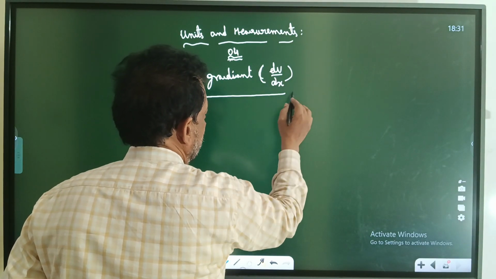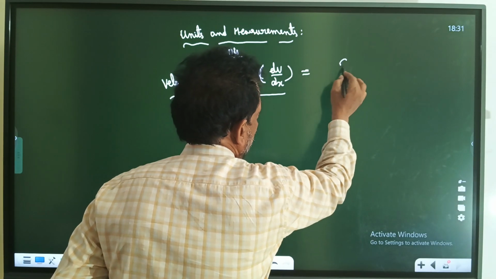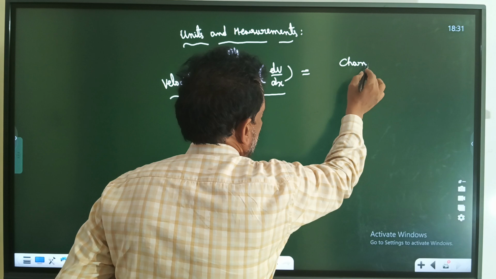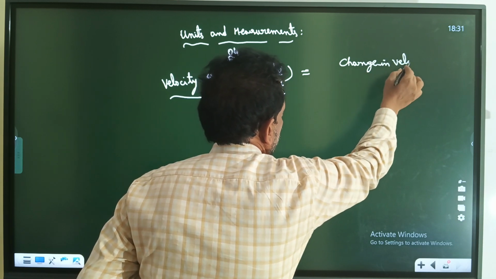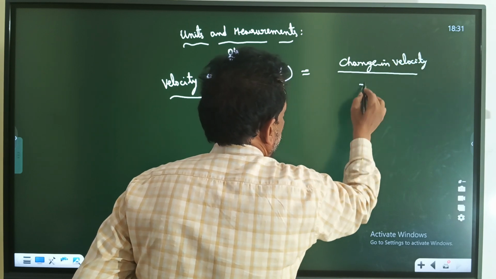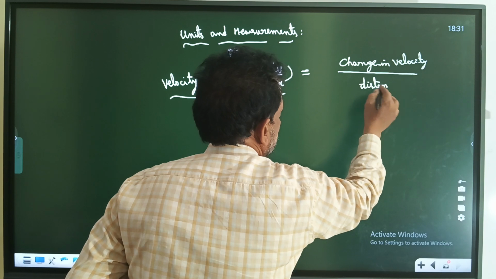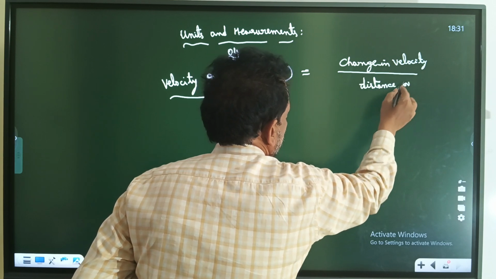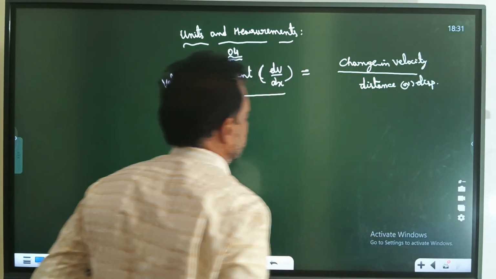So change, that means what? Change in velocity by distance or displacement. I can say distance or displacement, dx.